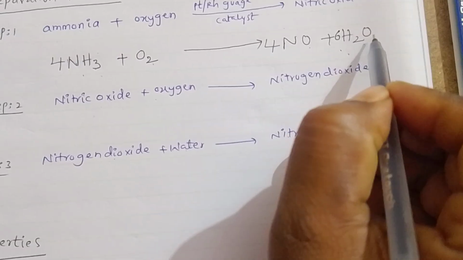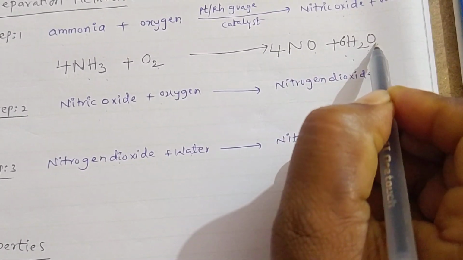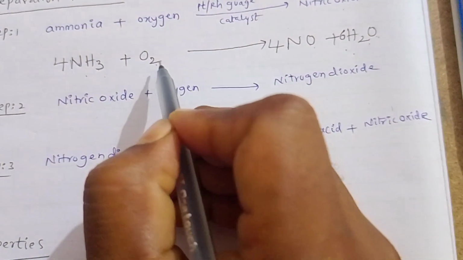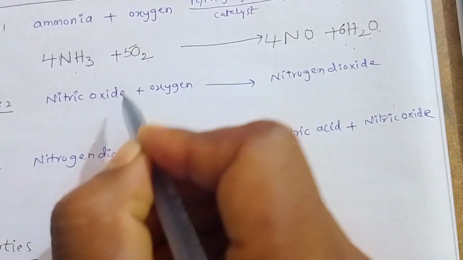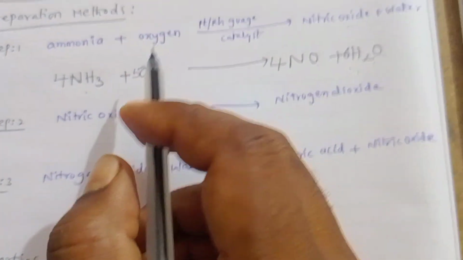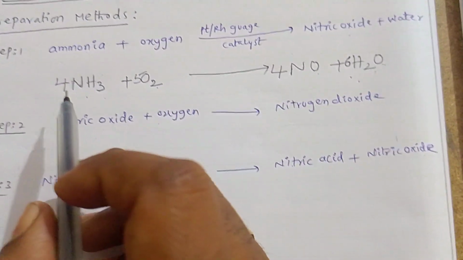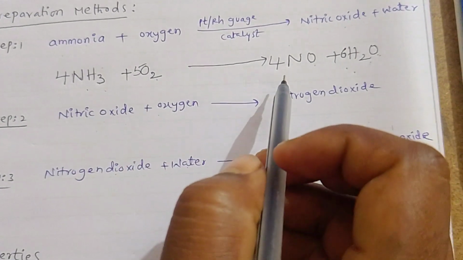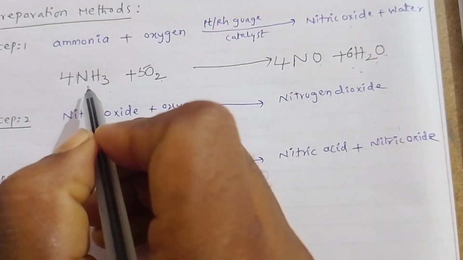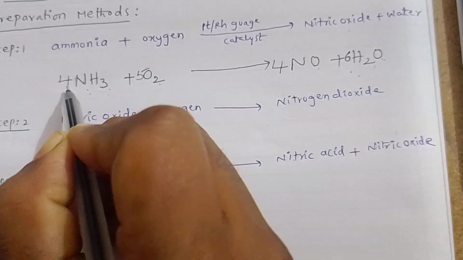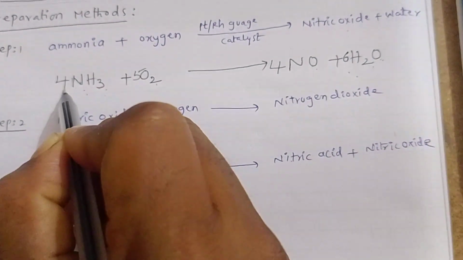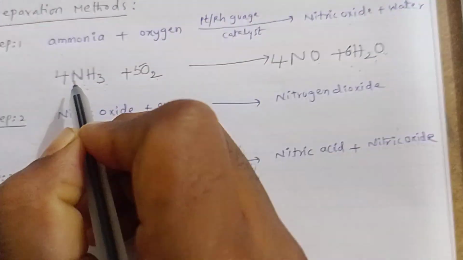So total oxygens 6 plus 4, here only 2, then you take 5 as coefficient. So the equation is balanced. For the first equation, the simple trick: the ammonia molecule has total atoms 3 plus 1, 4, so the coefficient is 4, you can easily remember.